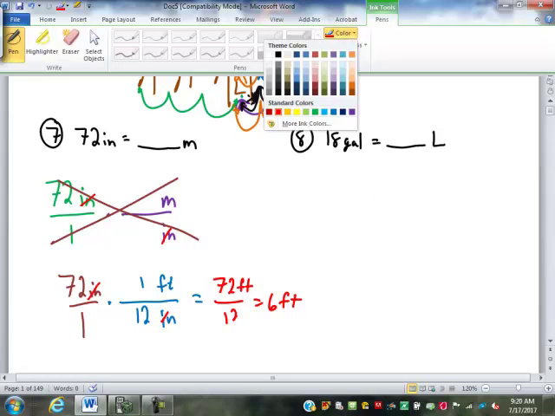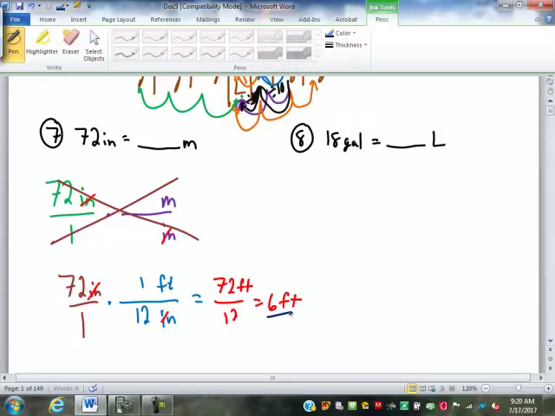Now from that, the 6 feet has to be converted. I'm going to put feet on bottom, and now hopefully I have a conversion straight to meters. And I actually have two. I have 1 foot equals 0.305 meters, and I have 1 meter equals 3.28 feet. How do I know which one to use? Well, in reality, either one of them will work.